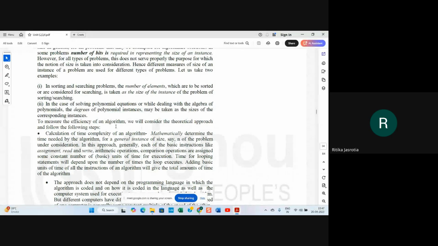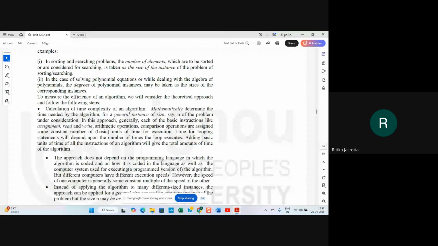To measure the efficiency of an algorithm, we will consider the theoretical approach and follow the following steps. Calculation of time complexity of an algorithm: mathematically determine the time needed by the algorithm for a general instance of size, say n, of the problem under consideration.